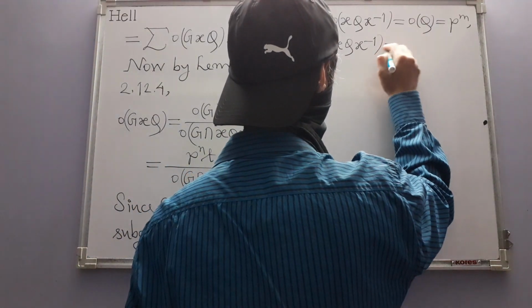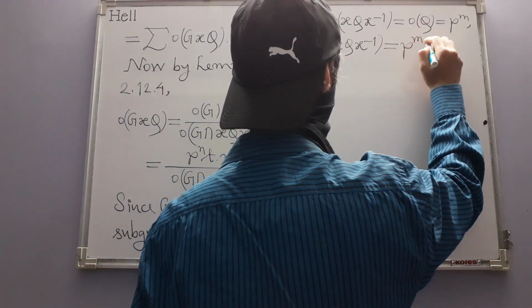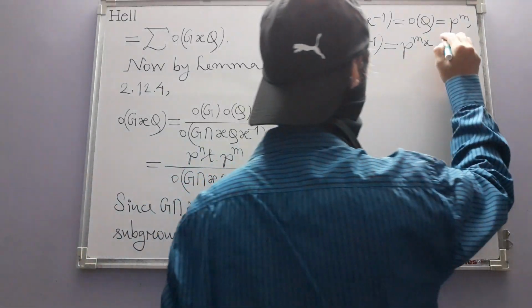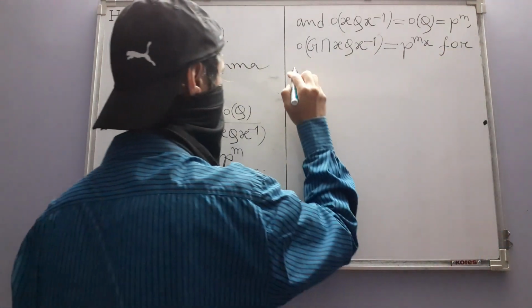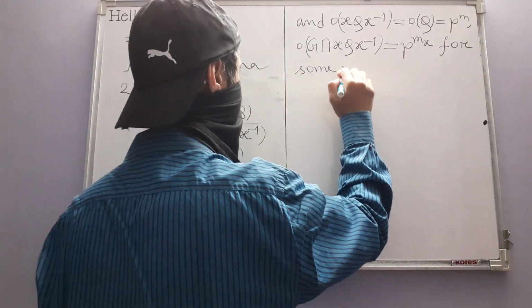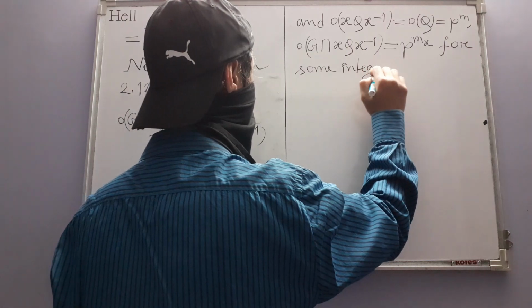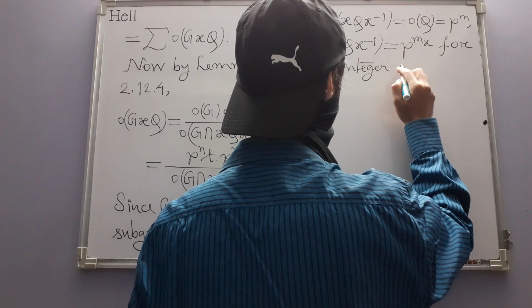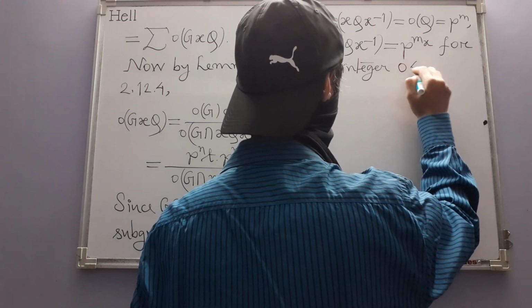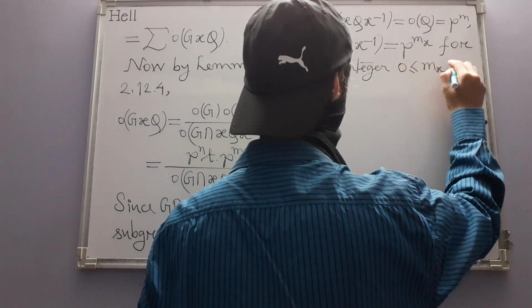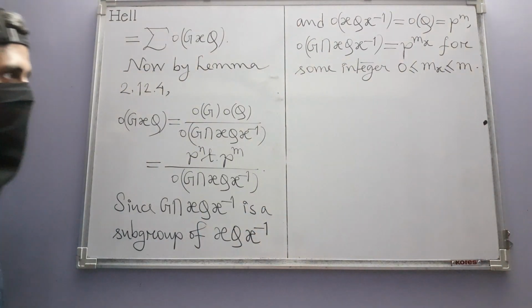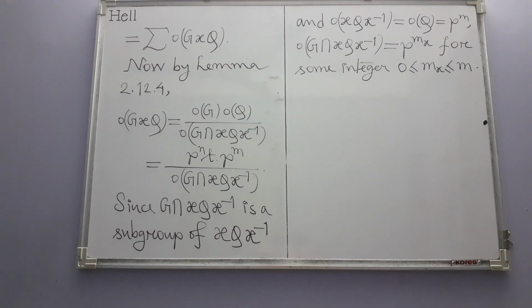So it will also have to be some power of p for some integer. Integer means non-negative integer, of course, you understand that. Or let us just simply include that also in this condition. This.